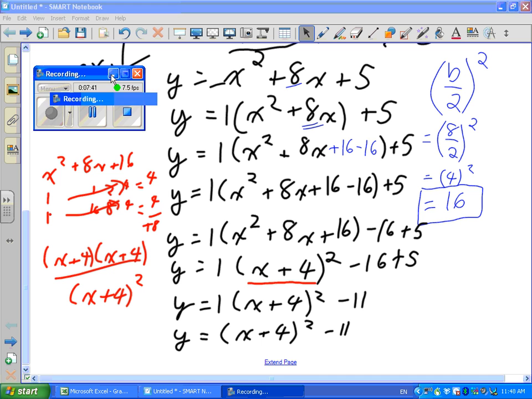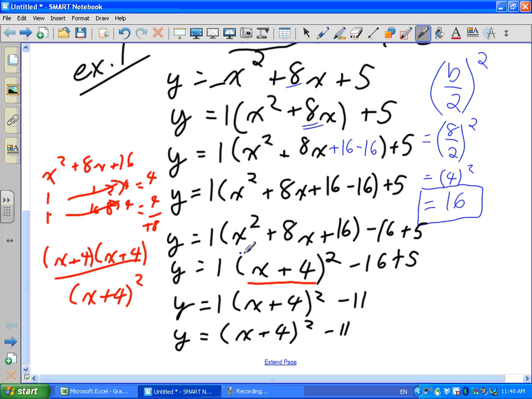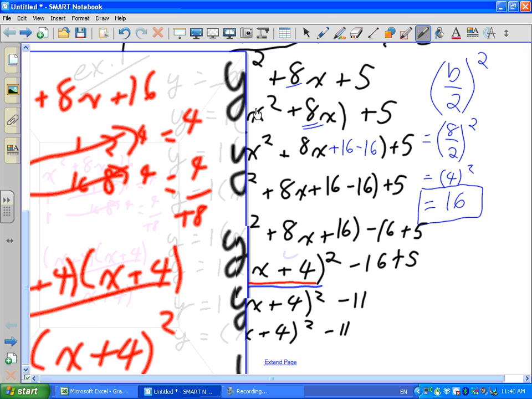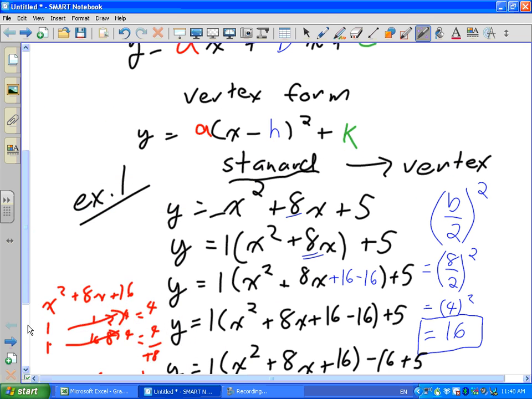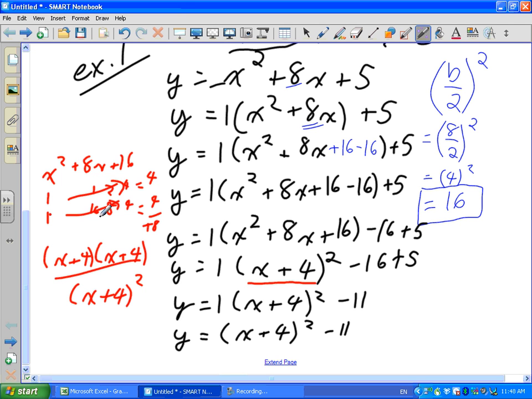Okay, so I'm just going to recap this step here. From this step here, those brackets to these brackets, technically I did all this factoring on the side. Okay, we'll zoom in. Oh yeah, look at that. That's what I did on the side, all that factoring. Okay? Now, you could factor all that way, but if you've done all the steps properly, you don't technically need to do that.